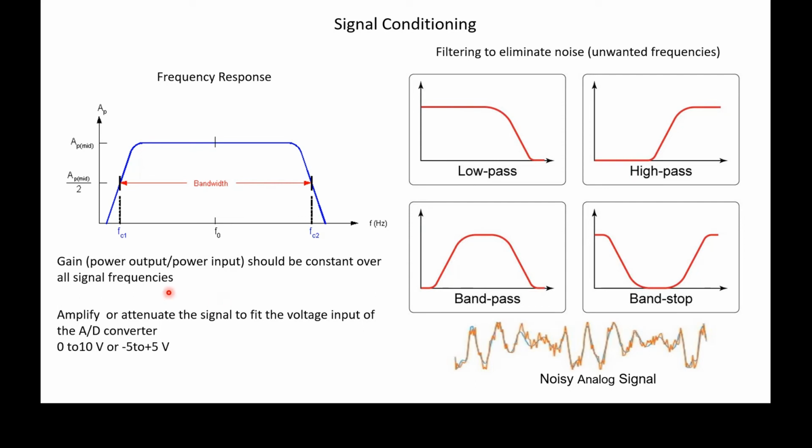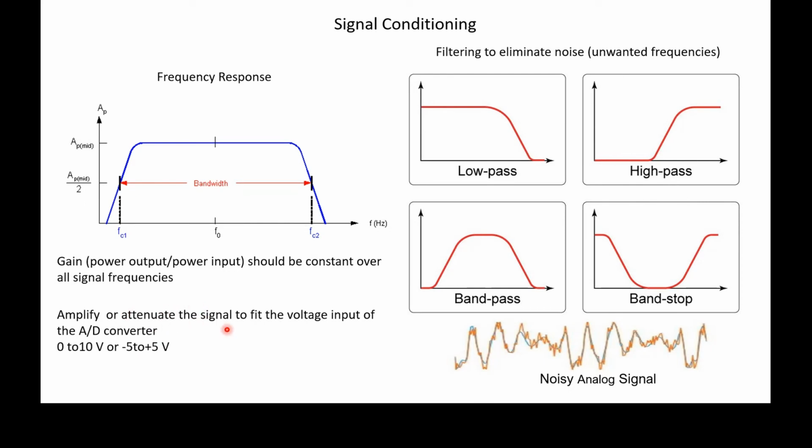And so we may have to take our signal, which may be very, very small in its electrical amplitude. And so we will have to do something with that, and we may have to amplify it. It may, in some cases, be too large for us to handle it properly with the rest of our electrical components of the measurement system, and so we will have to attenuate it.